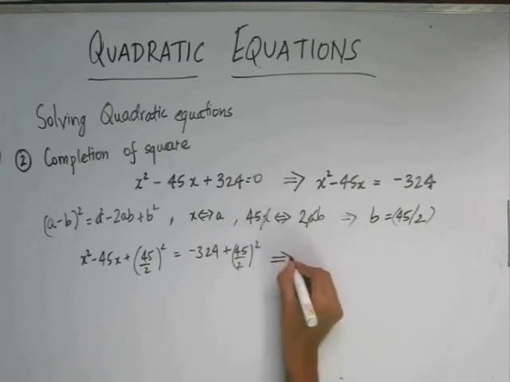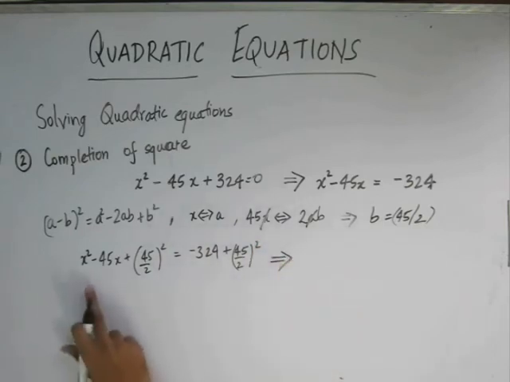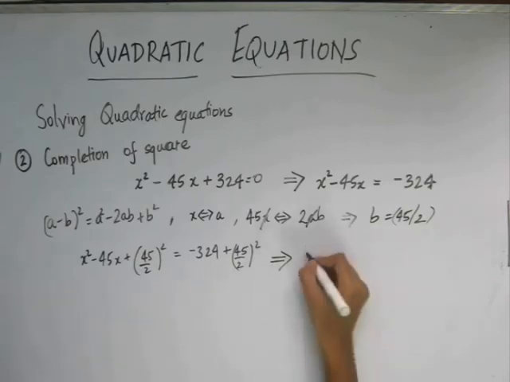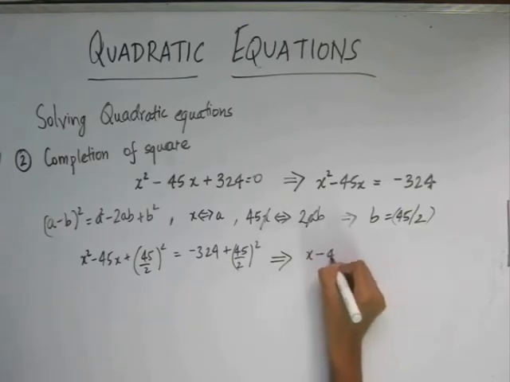Now if I simplify this equation further, this is x minus 45 by 2 whole square coming directly from the identity that we already know.